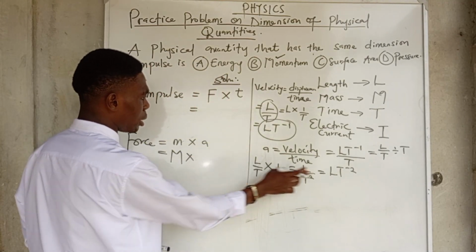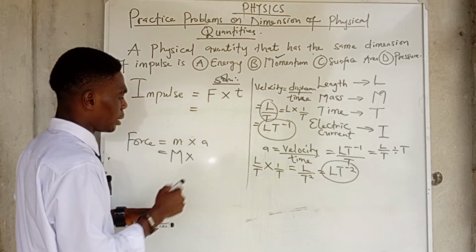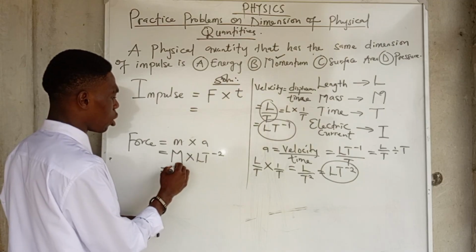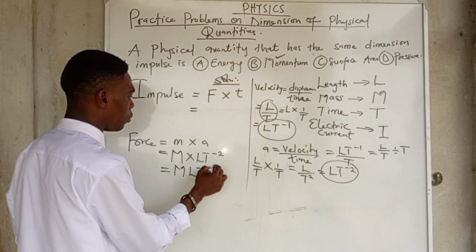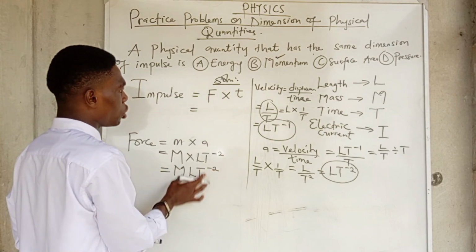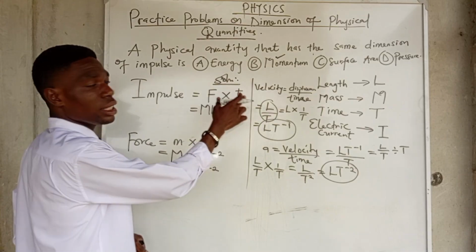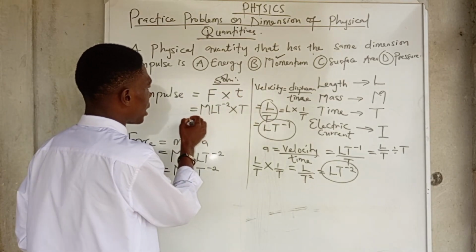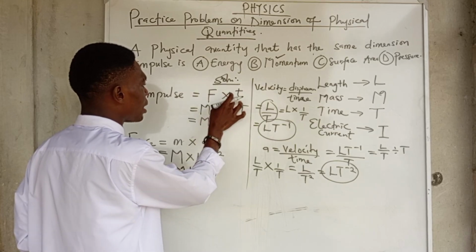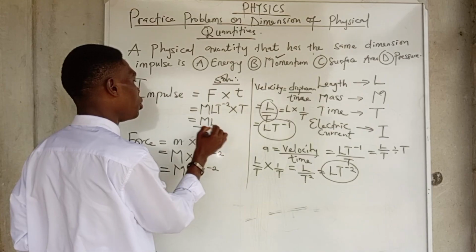So I'll just bring that value to this side. That becomes L T to the power of minus 2. Join them together, and the dimension of force becomes M L T to the power of minus 2. So I'll substitute for force what the dimension is. Impulse is force times time, where time is capital letter T. To simplify this, I'll write M L T to the power minus 2, times T. Remember that if anything has a negative power, it's in the denominator, but with the positive power now.